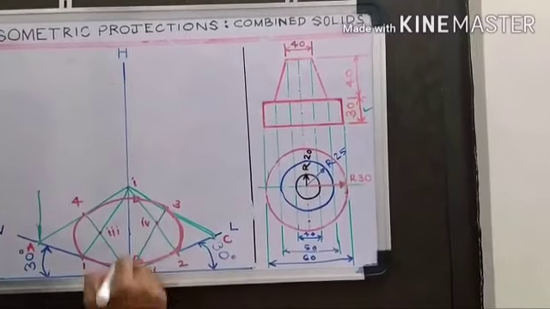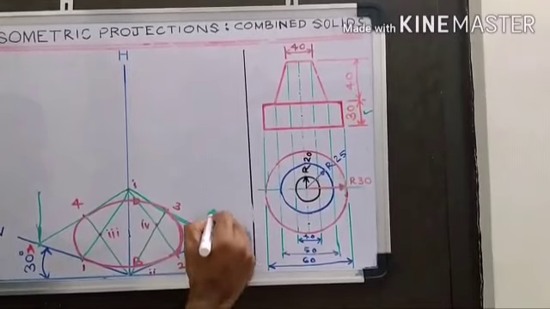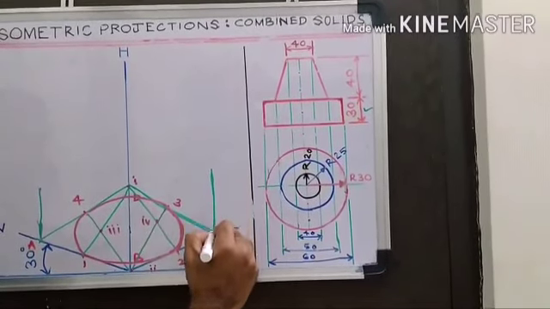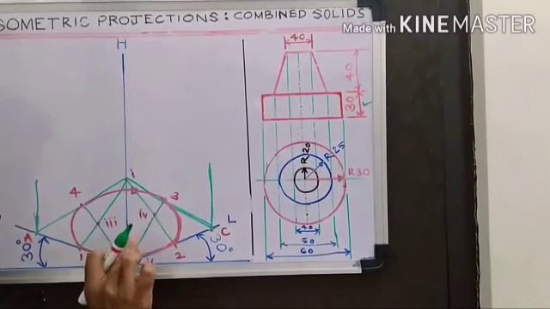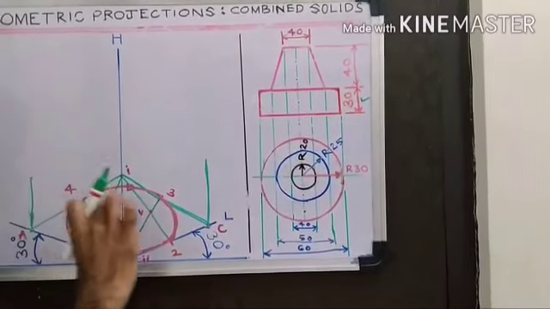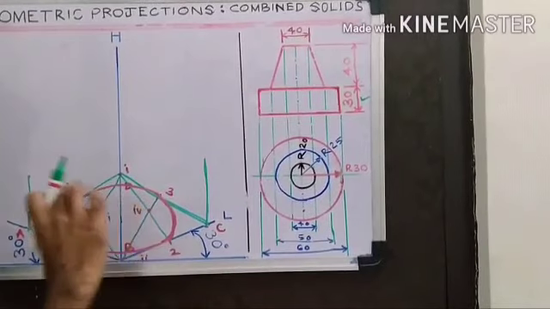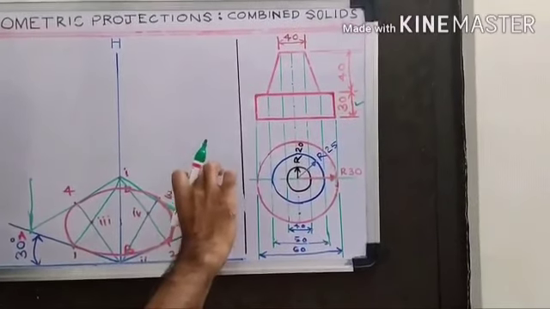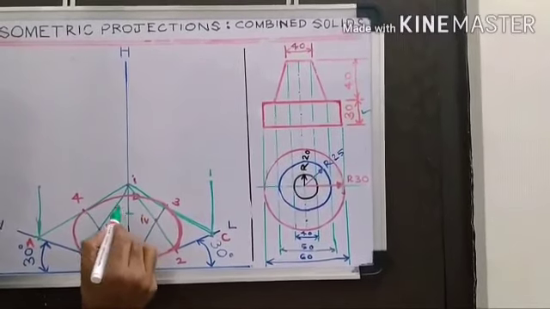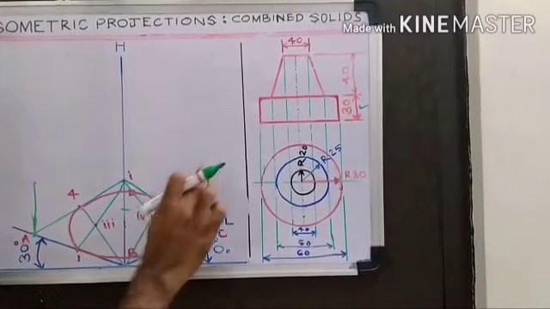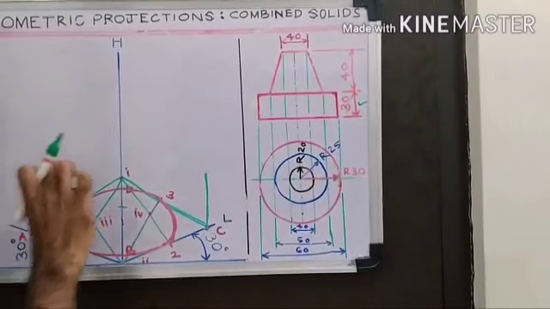From C also draw a parallel line to BH. Similarly, from B also draw a 30 units line, this much length from B. This is another point, and the height is going to be 30.